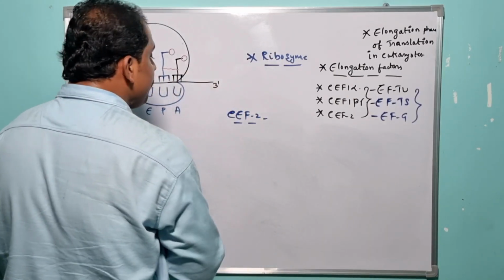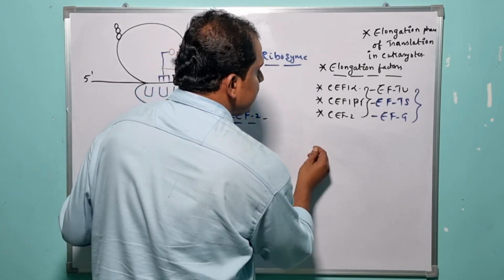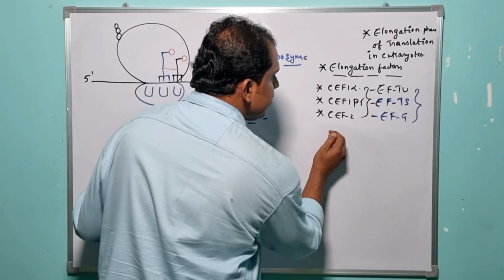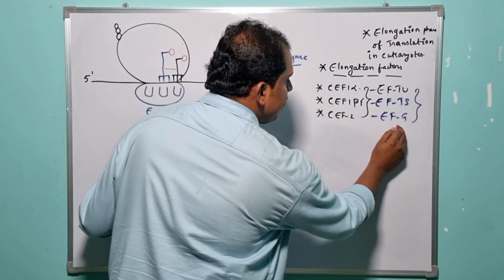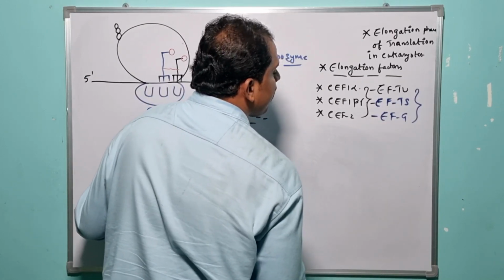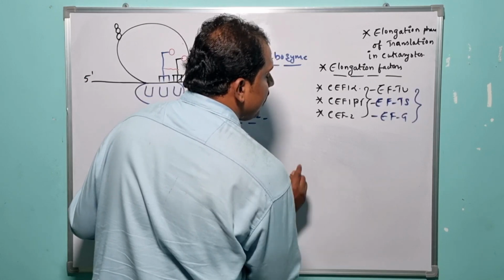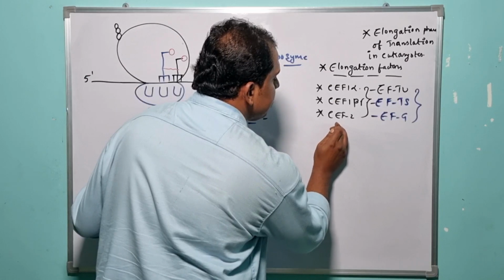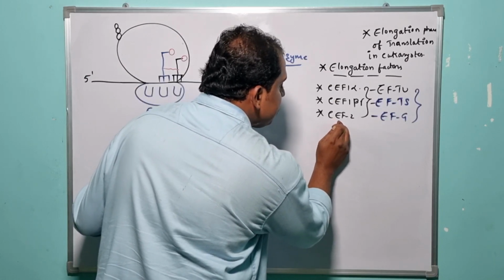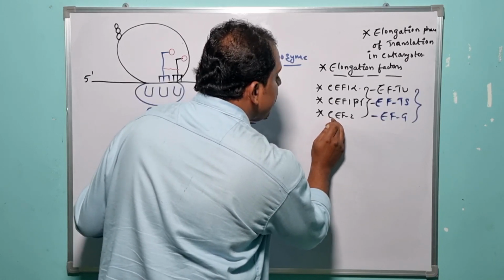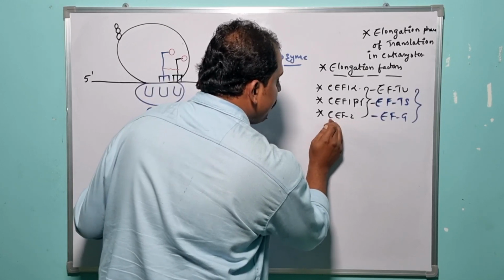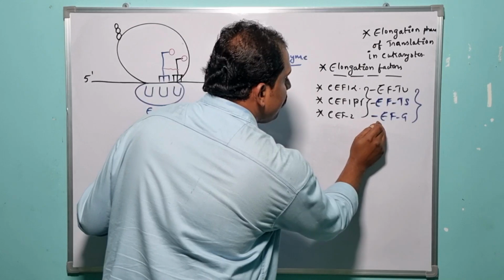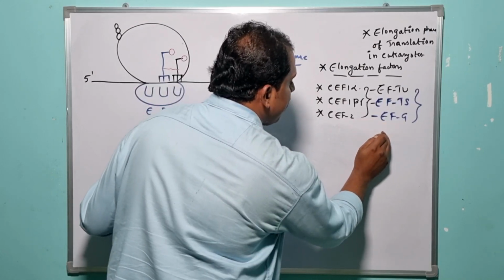For organizing the translocation of mRNA in the prokaryotic elongation phase, the process takes advantage of EFG. In the same way, for organizing the translocation of mRNA, the process takes advantage of a specific elongation factor, and it is nothing but what? Eukaryotic elongation factor 2, which is quite homologous to EFG of the prokaryotic elongation phase.